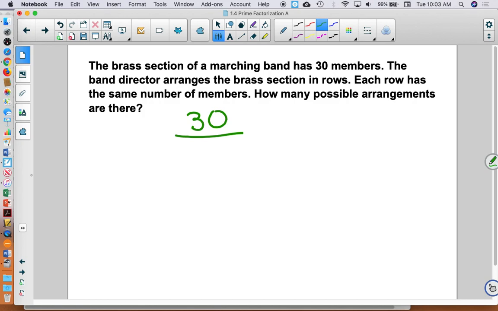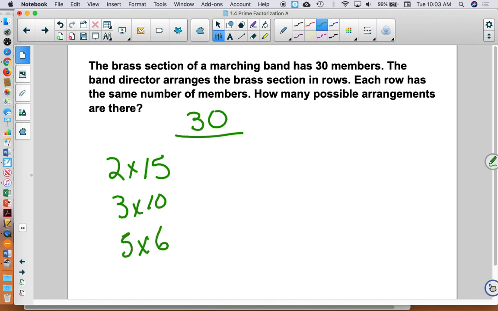Sure. Is the number 30 divisible by 2? Yes. 2 times what? 2 times 15. That would be one arrangement. Do you agree? Is it divisible by 3? Yes, sure it is. 3 times 10. Okay. Is it divisible by 5? Yes. 5 times 6.